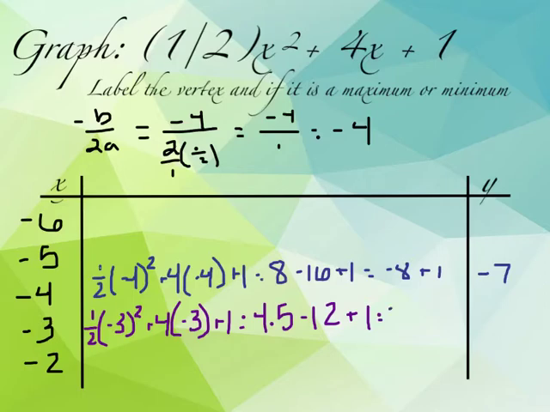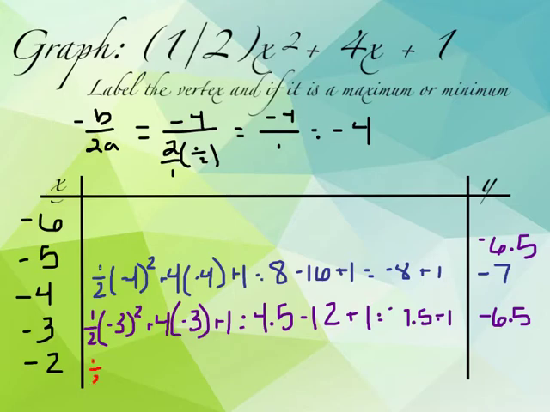That gives us negative 7.5 plus 1, which would be negative 6.5. And if 1 to the right is negative 6.5, 1 to the left in our graph will also be negative 6.5.